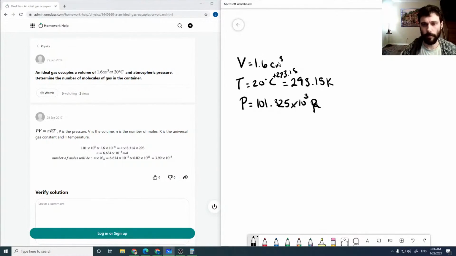So our volume is, multiply this by 1 times 10 to the minus 2 centimeters per meter cubed. So that's 1.6 times 10 to the minus 6 meters cubed.